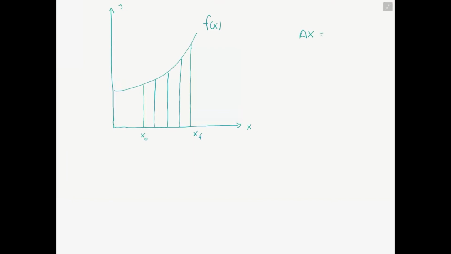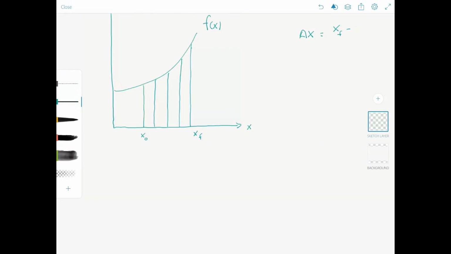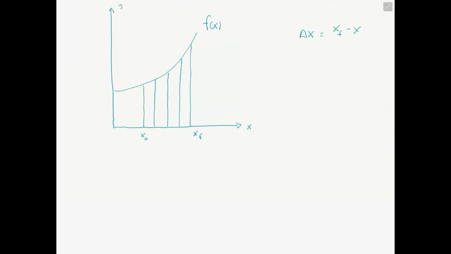So delta x is equal to xf minus x naught, divided by the number of divisions that we have between xf and x naught.